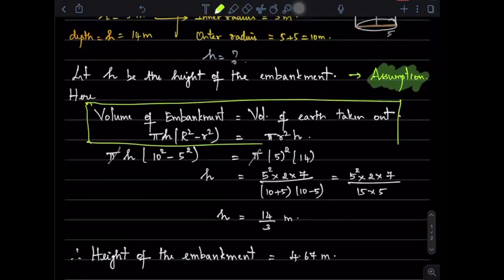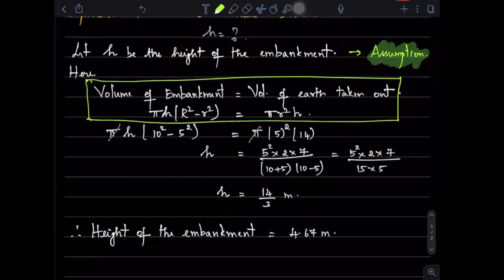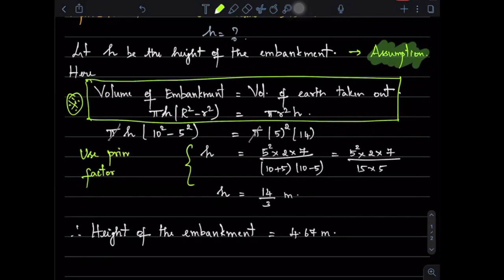This step is important. Then write the formula and do not multiply. What is the technique here? Use prime factorization for simplification.